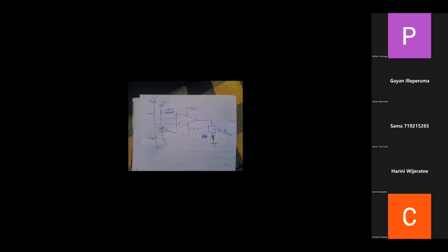Remember, let's say your supply fluctuates a little bit. Then what will happen to your reference voltage? Let's say your 4 volts, because the battery was dead, decreased to 3 volts. Then what will happen to your reference voltage? Will it remain at 2 volts?